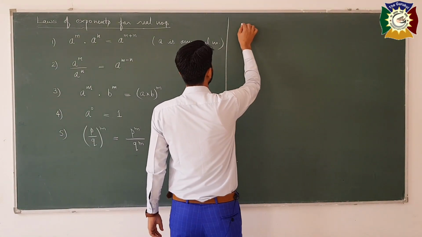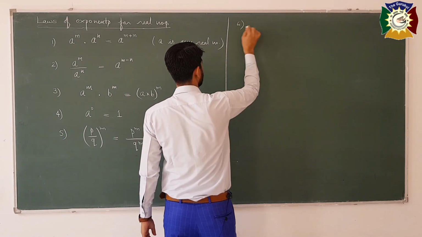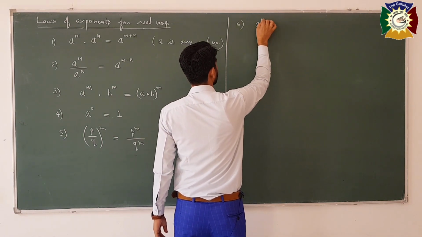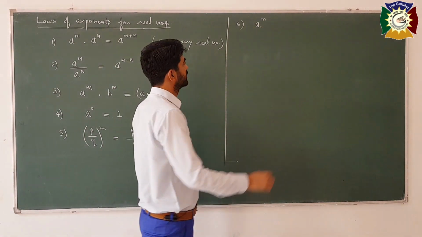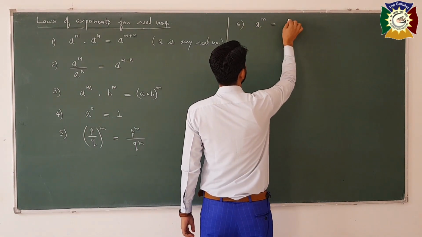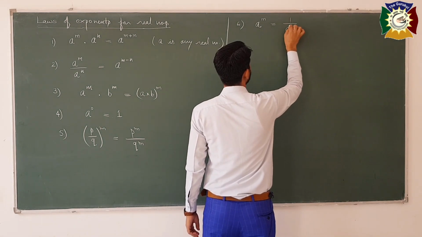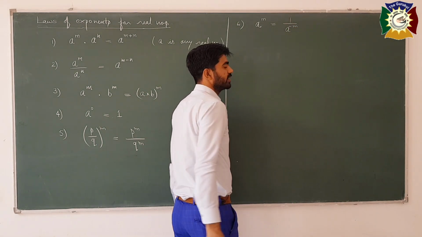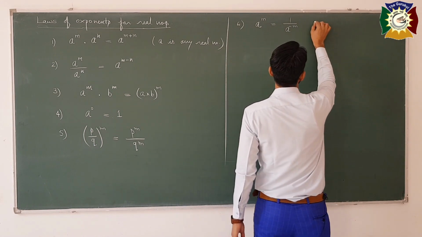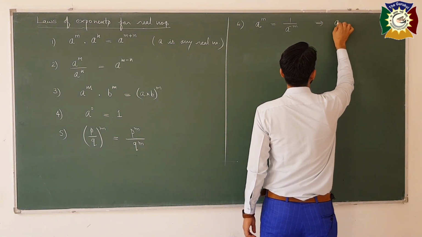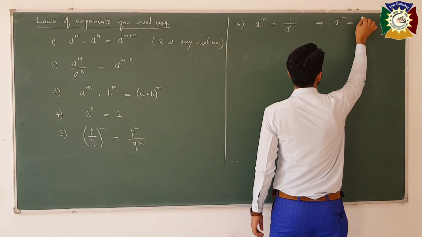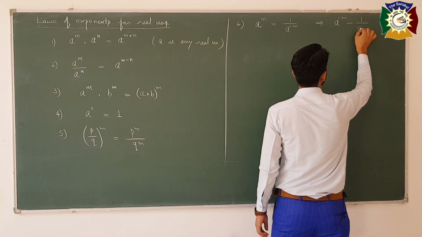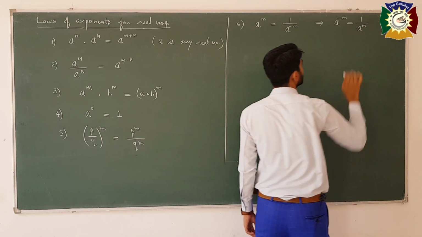Now suppose a to the power m is there, and if I take the reciprocal of this, it will become 1 upon a to the power minus m. Similarly, if a to the power minus m is there, then it will become a to the power m if we take the reciprocal.